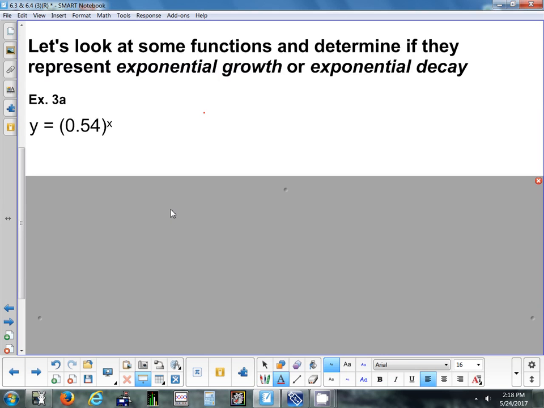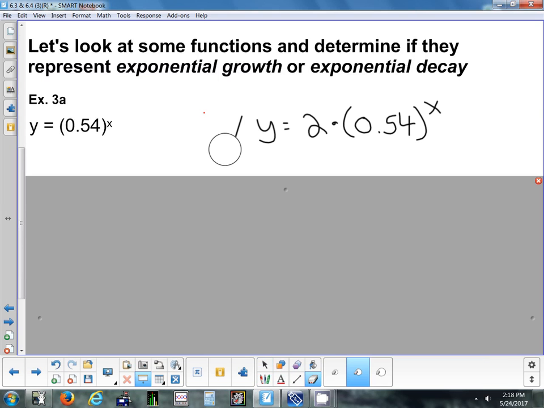Yeah, but don't get tricked. What if we had it written out like this? What if we had something like that? Is that going to be growth or decay? No, it's still going to be decay, because the b is still less than 1. What's in my function y equals a times b to the x?